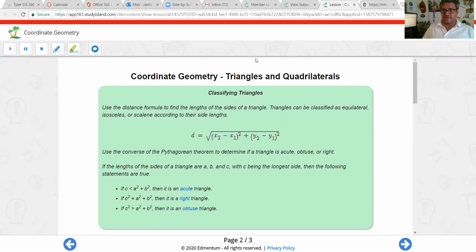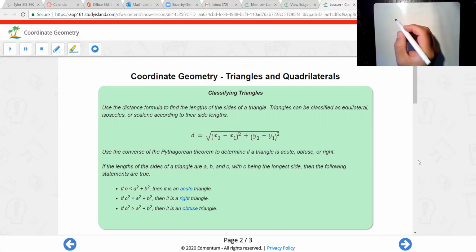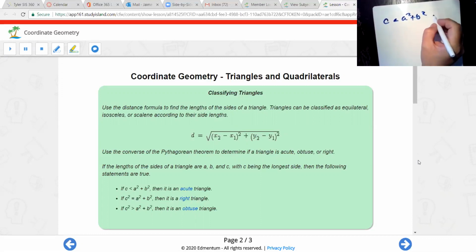Let me go ahead and flip this. If you remember, if you look on the green box there, when C squared is less than A squared plus B squared, they said it's an acute triangle.